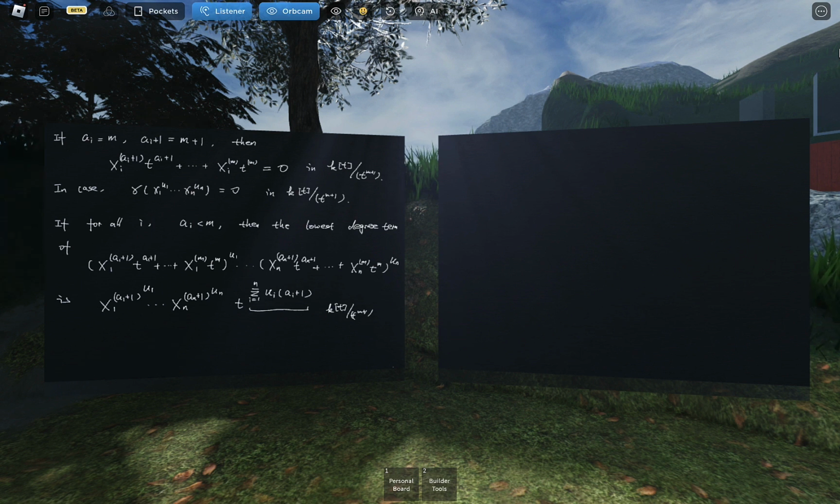If the degree is less than n plus 1, then this is non-zero, because the way we choose ai makes all these coefficients non-zero.